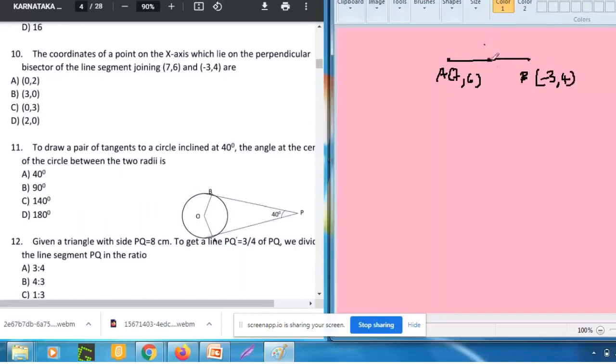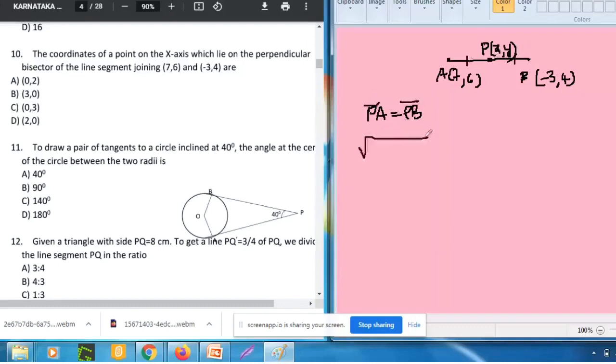We all know that a perpendicular bisector divides the line exactly into two halves. So based on the condition of the question, I will write PA is equal to PB. The distances between P and A, and P and B, are equal. So we will use the distance formula.